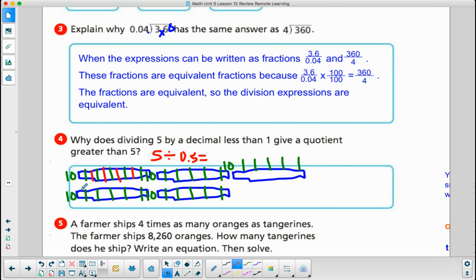There would be 2, 3, 4, 5, 2, 4, 6, 8, 2, 4, 6, 8, 10 in that one. Oh, I see what I'm doing wrong.